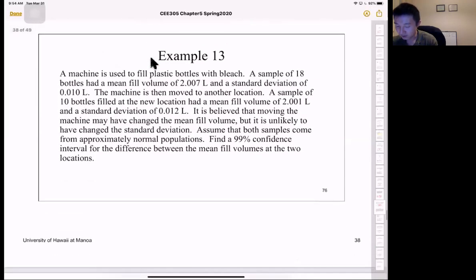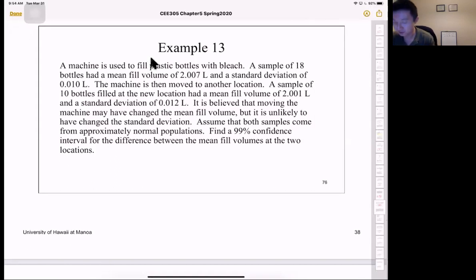And here is another example, example 13. A machine is used to fill plastic bottles with bleach. One sample has 18 bottles. The sample size is 18, with a mean value of 2.007 and a standard deviation of this. Then you move to another location. We have another sample of 10 bottles with another mean and another standard deviation.